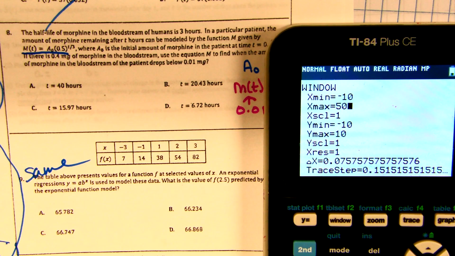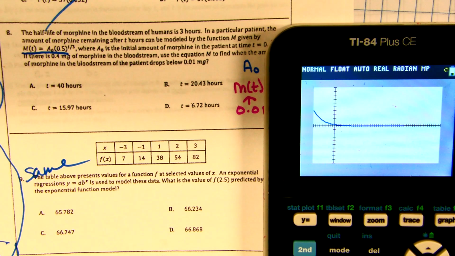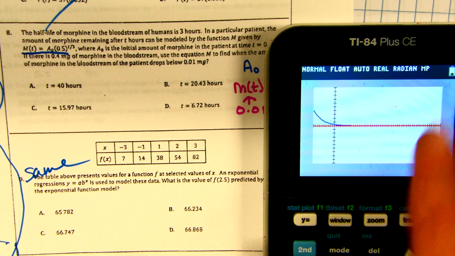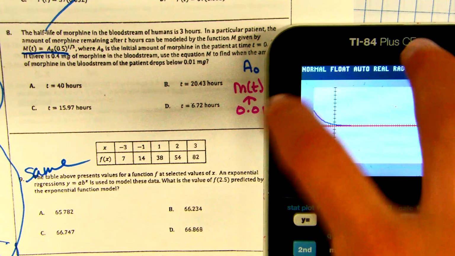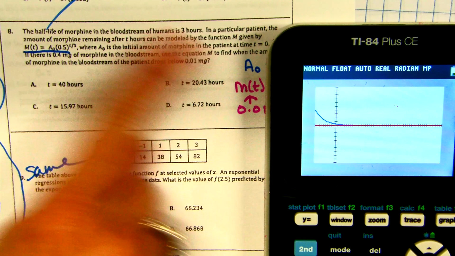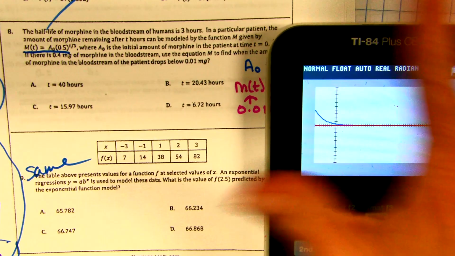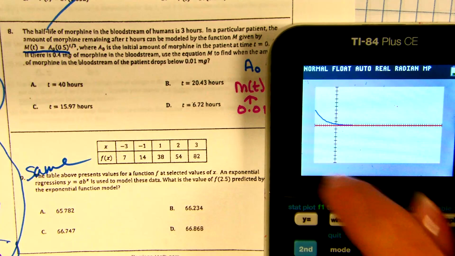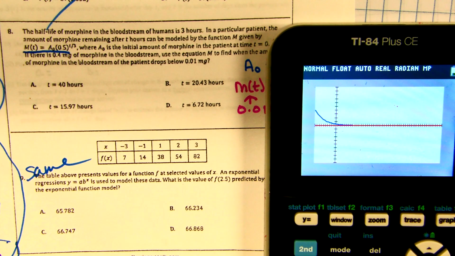And here's what's really nice about intersection, guys. This is a really tight graph, even on my fancy calculator. Where is the intersection? The good news is it doesn't really matter, because with intersection, as long as you know it's somewhere on the screen, and it has to be, your calculator will find it for you. You never have to use your cursor arrows to find it.